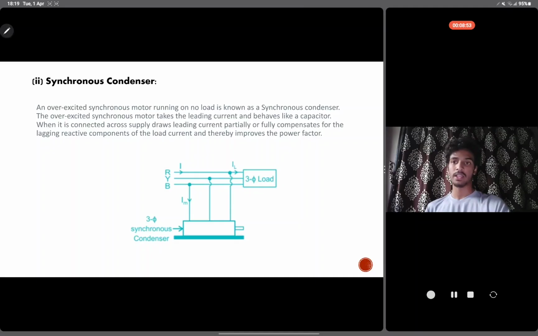In this case, the synchronous condenser itself behaves like a capacitor, which draws leading current and nullifies the lagging current. When it is connected across the supply, it draws leading current partially or fully, compensates for the lagging reactive components of the load current, and thereby improves the power factor. Here's the figure where the synchronous condenser is connected to a three-phase load equipment.